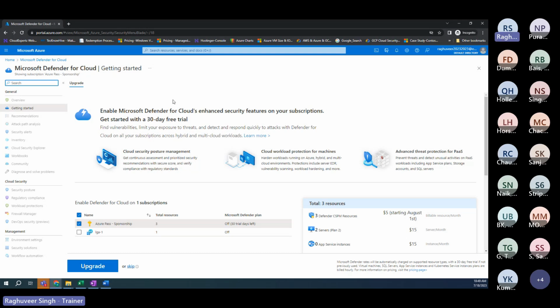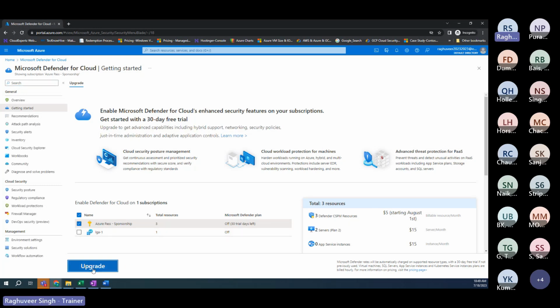So any organization that is using Defender would have enabled the standard plan. They will not go with the basic plan because it does not provide all the required capabilities. So you basically upgrade from basic to standard. At the bottom, you will all see an option that says upgrade.